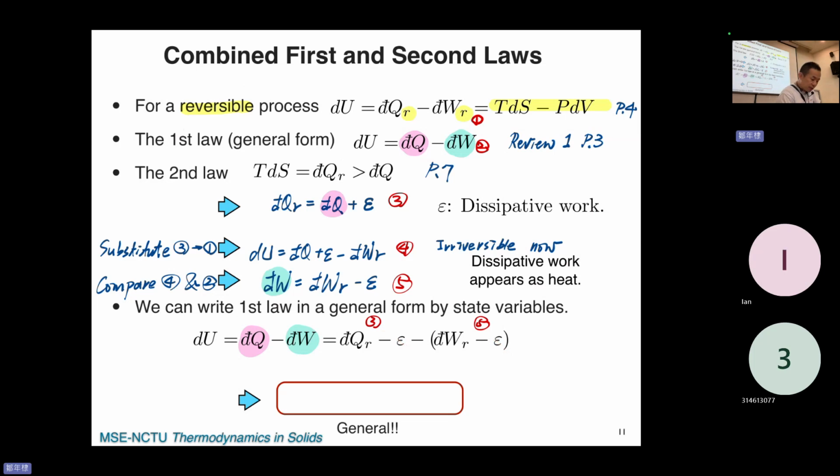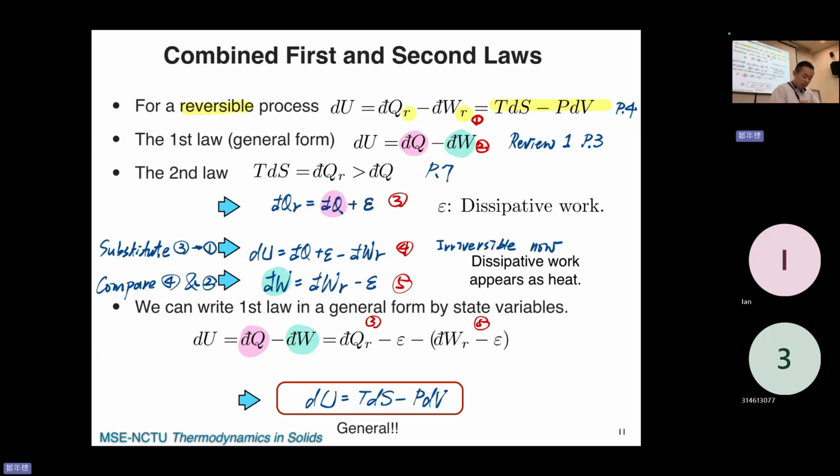So eventually, no matter whether you consider reversible or irreversible, either way you obtain the same form.